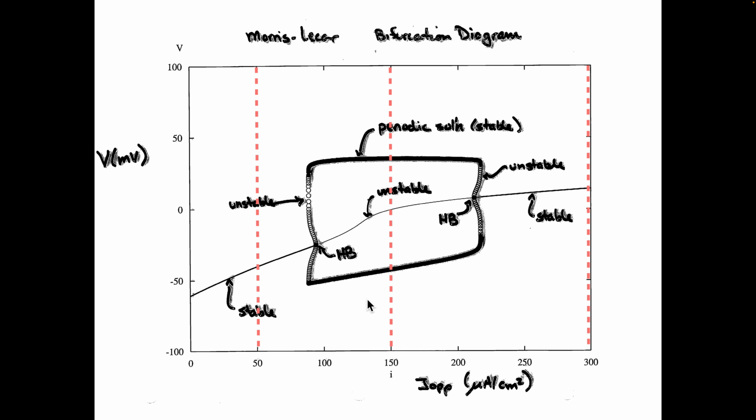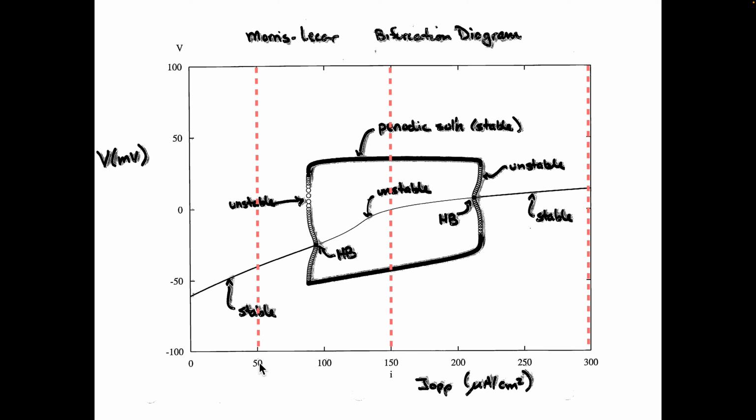Now, this is a bifurcation diagram of that Morris-Lecar model using the parameters that we've currently had set. And I want to try to connect this picture to the ones that we've seen before. There are three different vertical lines here. Each is corresponding to a different value of the applied current. So we're now thinking of the applied current as our bifurcation parameter.